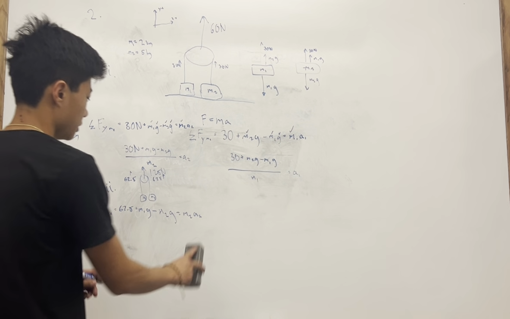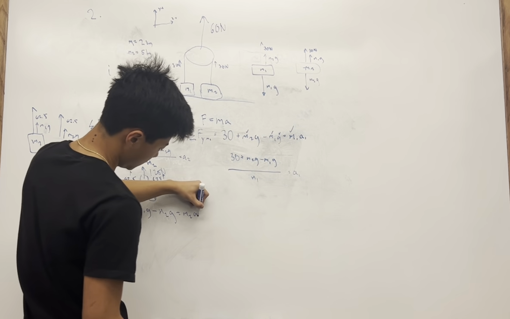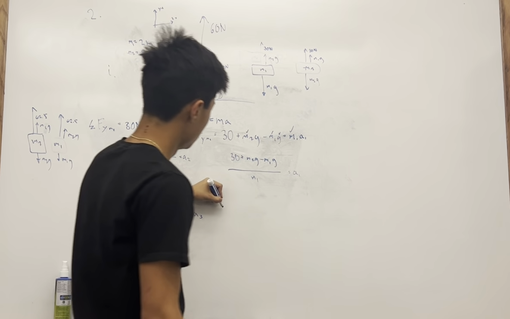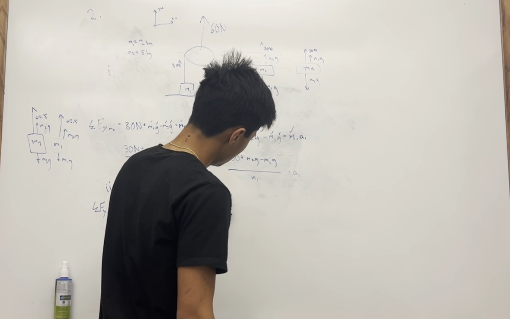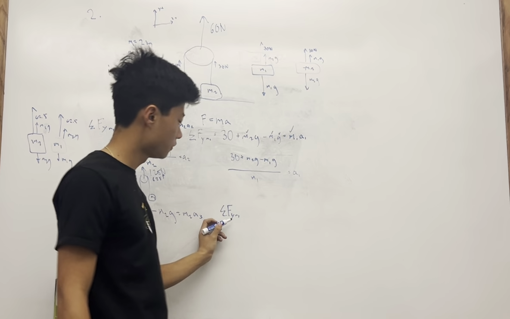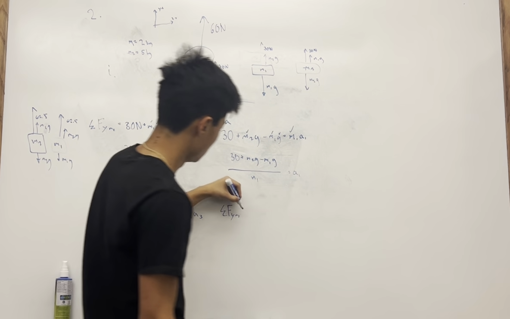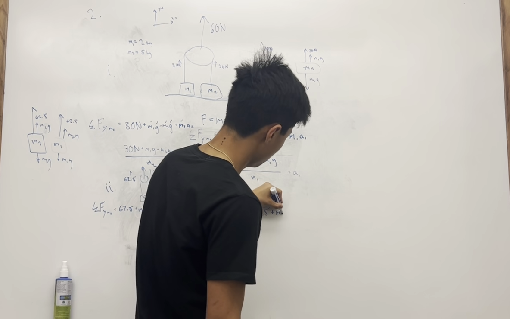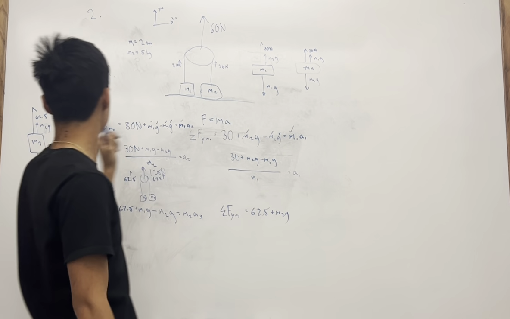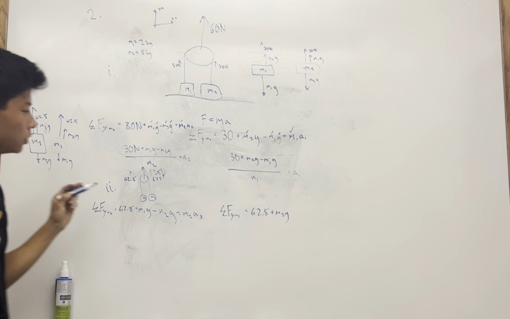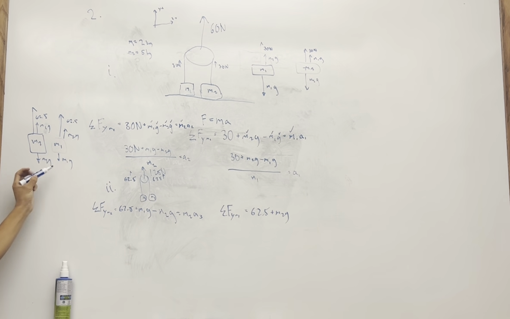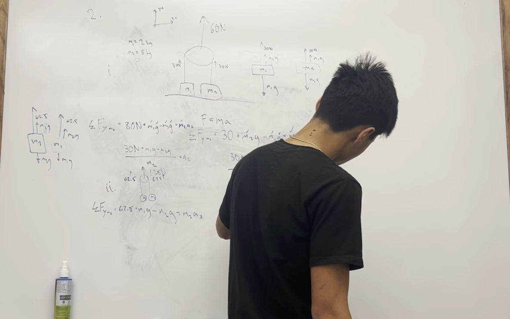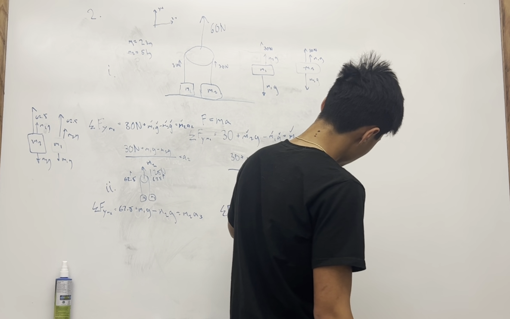Actually, we're going to call this acceleration 3, just because we haven't solved for this yet. And then we can do that for mass 1. Sum of the forces in the y direction for mass 1. 62.5 plus m2g, because right here, it's being pulled up here. And then we subtract m1g. This is equal to mass 1 times acceleration 4.